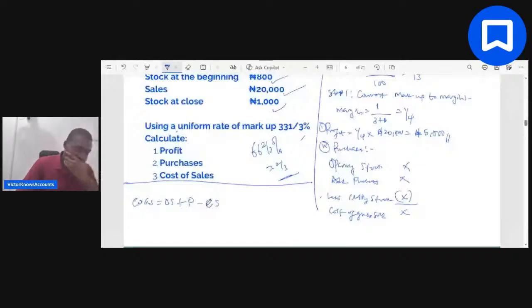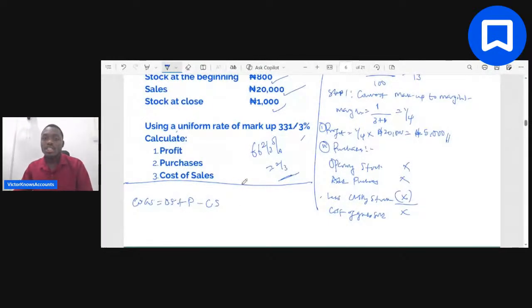The first thing is that you have to calculate cost of sales, because now you don't have cost of sales and you don't have purchases. Do you understand that? So we have opening stock, we have closing stock. We are looking for purchases and cost of goods sold. But from what we have done here, we can actually get our cost of sales.